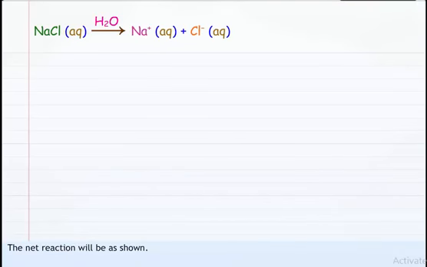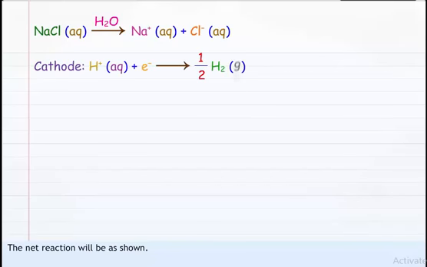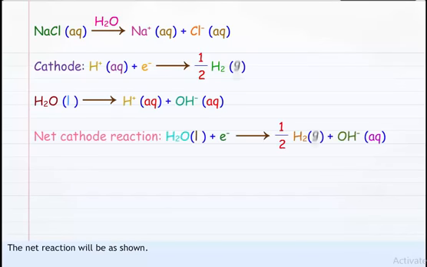NaCl aqueous gives Na+ aqueous plus Cl- aqueous. Cathode, H+ aqueous plus electron gives 1/2 H2 gas. H2O liquid gives H+ aqueous plus OH- aqueous. Net cathode reaction: H2O liquid plus electron gives 1/2 H2 gas plus OH- aqueous.